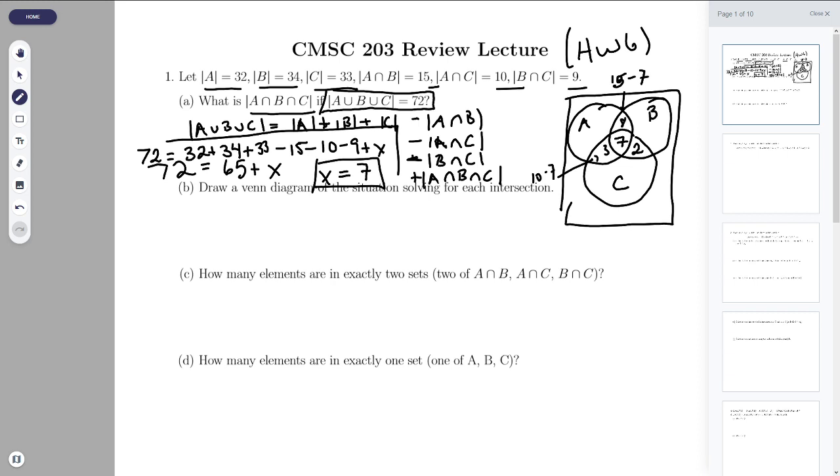So for the individual sets, it's a little more complex because you have to add them all up. So you have to say 8 plus 7 plus 3, that's 15 plus 3, which is 18. And so if we do 32 minus 18, we get 14.